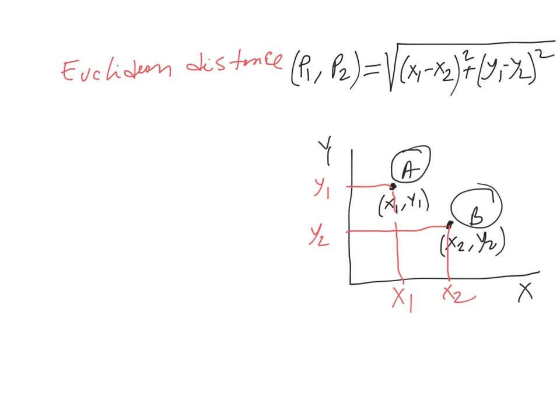We find the difference of x values, square it, plus the difference of y values, square it, and then take the square root of it all.